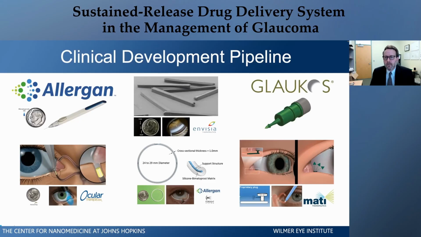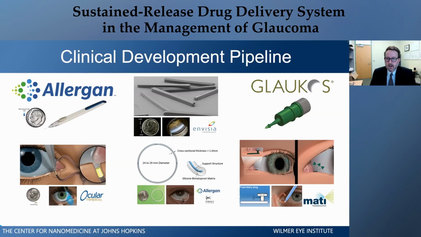So if you look at the development of sustained release formulations in glaucoma, there's really a whole cohort of companies and groups that are interested in this approach. This figure illustrates a few of these.